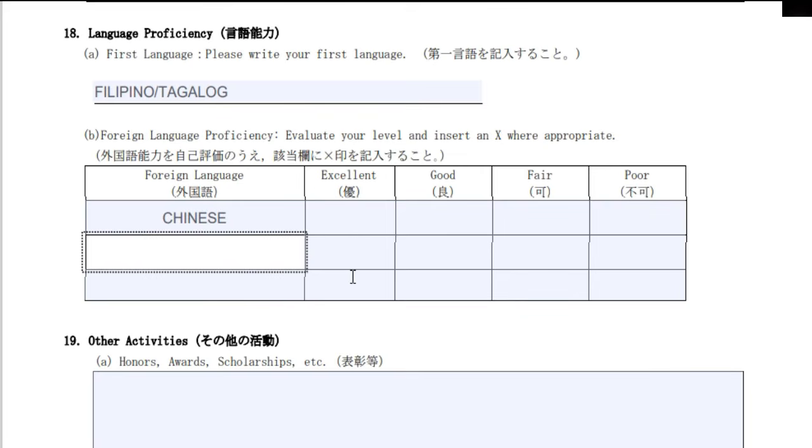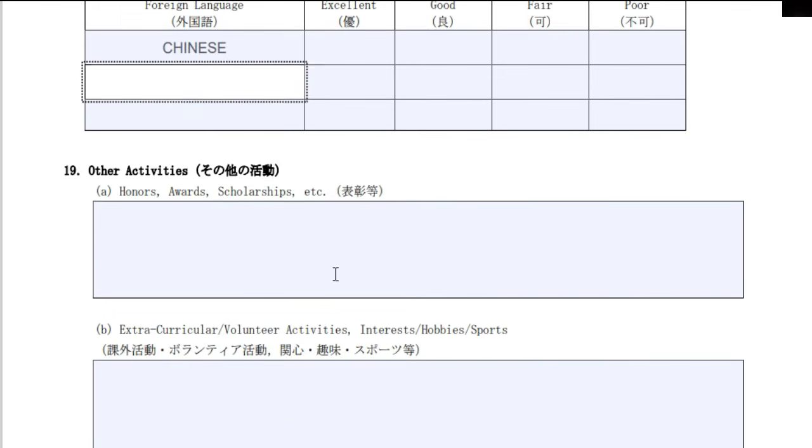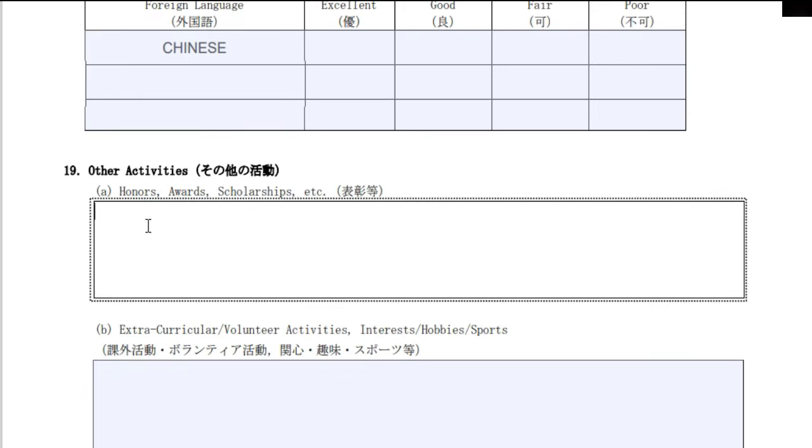And then number 19, other activities. So if you have honors, awards, or scholarships, you can just write here, best in attendance, or the outstanding employee of the year.